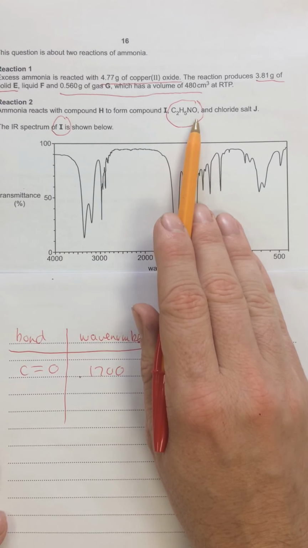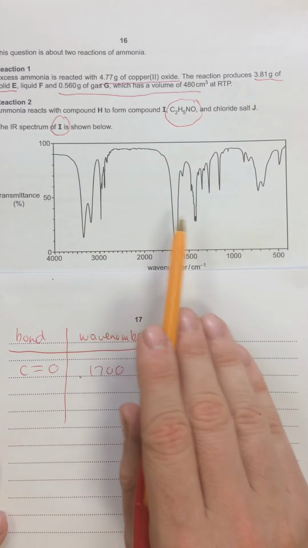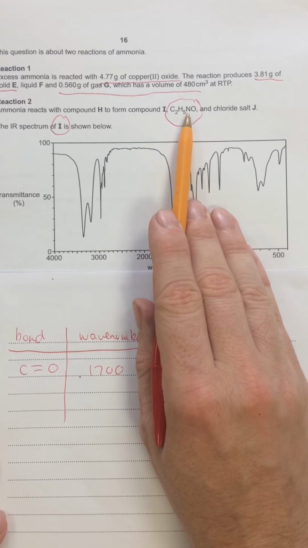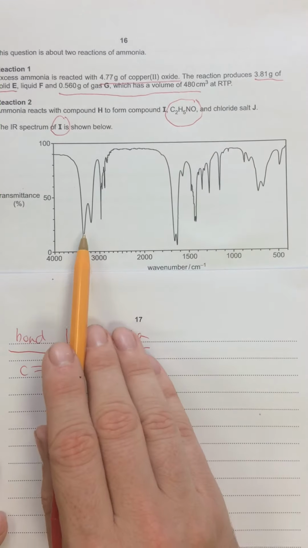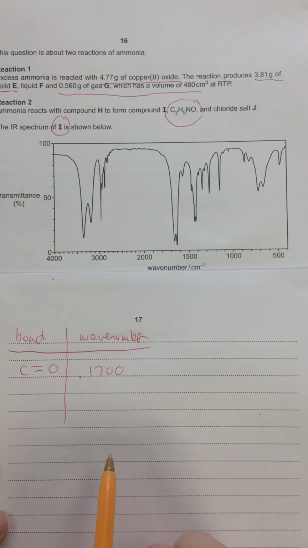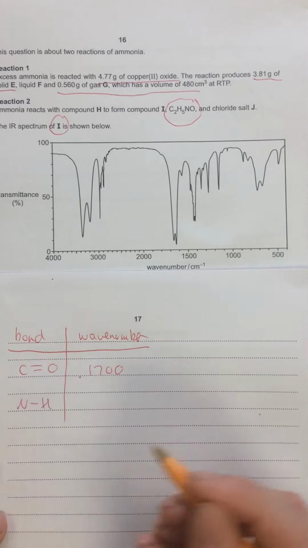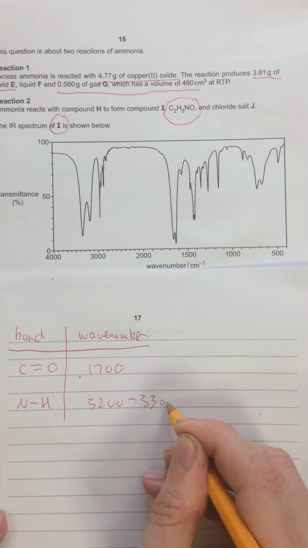So can you see how using this molecular formula is really useful to help you deal with this? We do, however, have a nitrogen, and if you look on your data sheet, second to bottom, you'll see that the NH is also round about this region. And we see we've got a peak there. So this is going to be an NH, and what's that? Something like 3,200, 3,300, something like that.